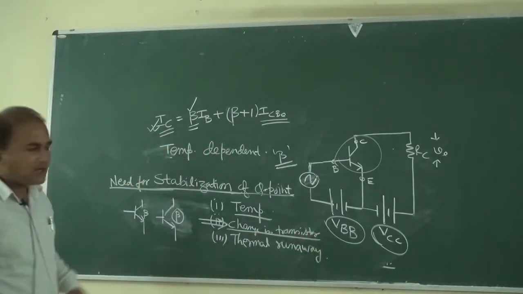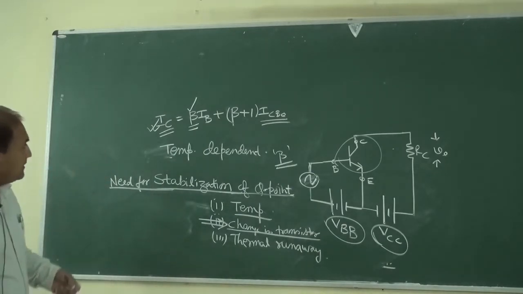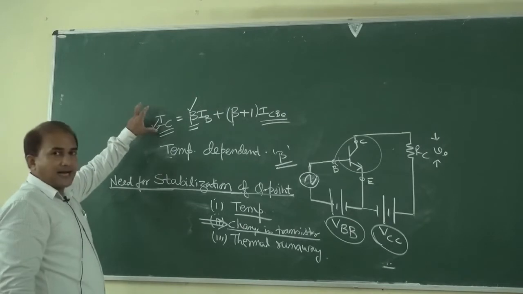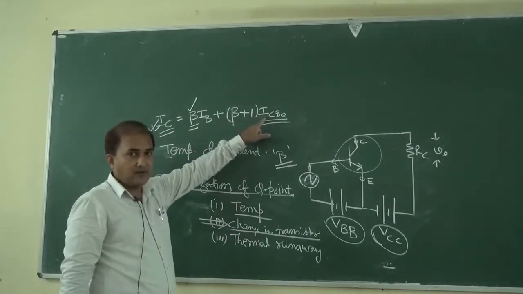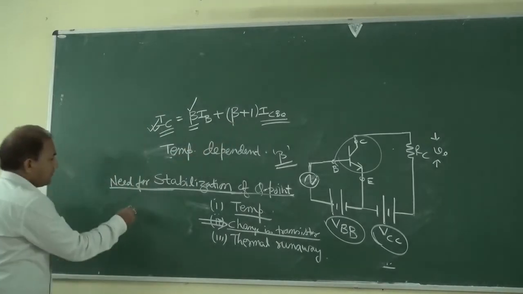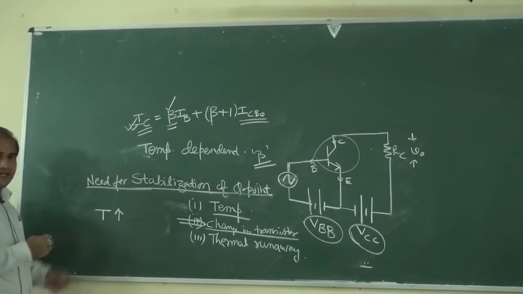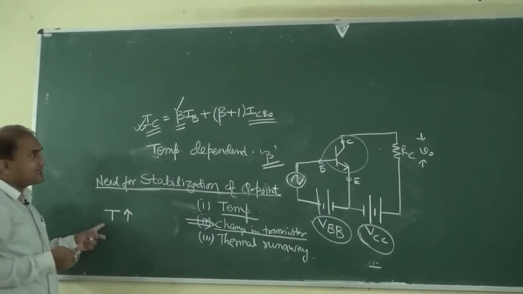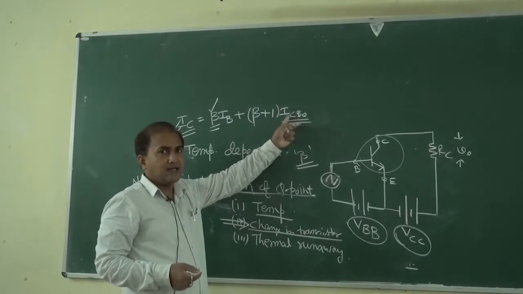Then, due to thermal runaway, see the expression for IC: it is equal to beta IB plus (beta plus 1) ICBO. Now if temperature increases, then ICBO increases.